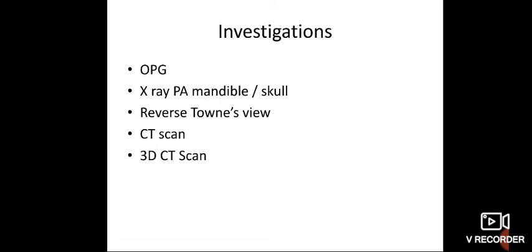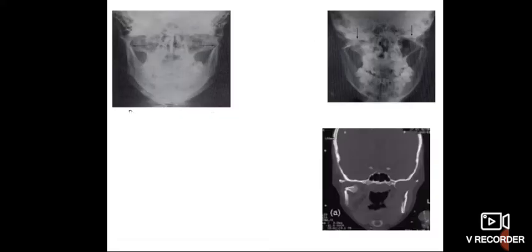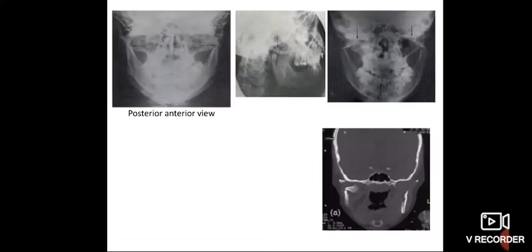Usually a skull AP, skull PA view will give you whether the condyle has displaced anteriorly, laterally or medially. And you get a CT scan, that is the best possible thing. You get a 3D CT scan, even better. We can notice where exactly the condyle is present.